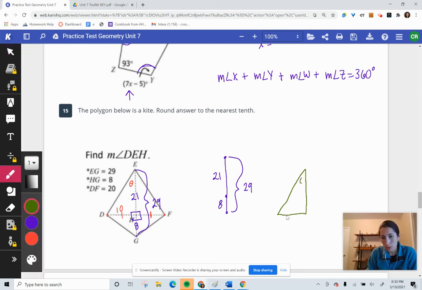So this is the angle we're solving for. I'll call it theta for now. This is 10, this is 21. It's a right triangle. So you're going to use inverse of sine, inverse of cosine, or inverse of tangent based on what type of sides these are. So identify them as opposite leg, adjacent leg, or hypotenuse.